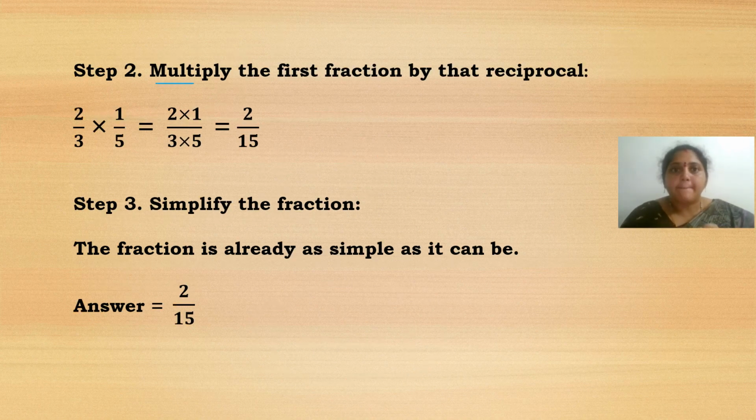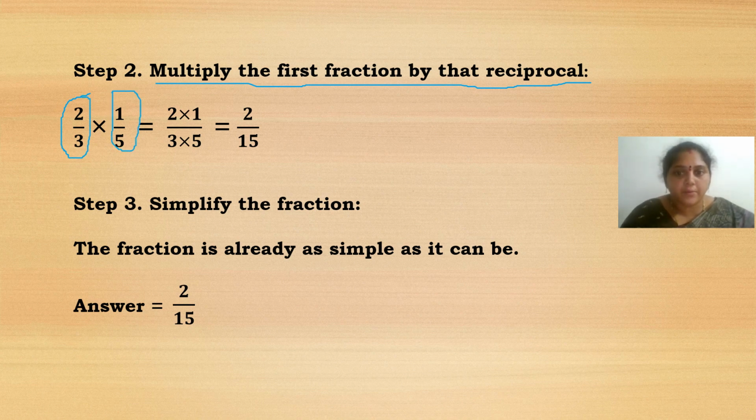Step 2: multiply the first fraction by the reciprocal. So our division converts into multiplication, and our fraction will be multiplied by 1 by 5: 2 by 3 multiplied by 1 by 5.